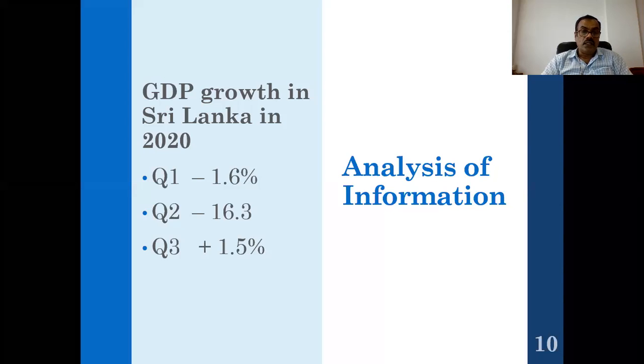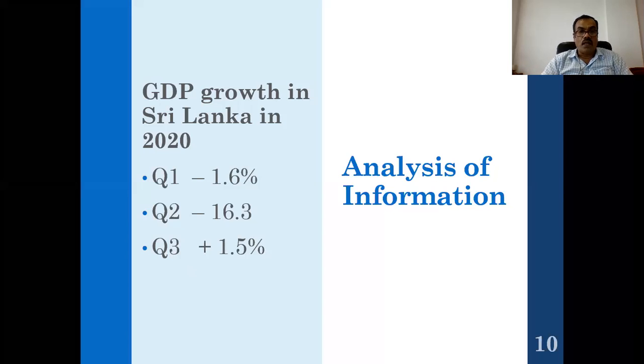However, the results for both the second and third quarters were released together on 16th December, which revealed that the second quarter growth was minus 16.3%, whereas quarter three indicated a bounce back with a positive growth of 1.5%.